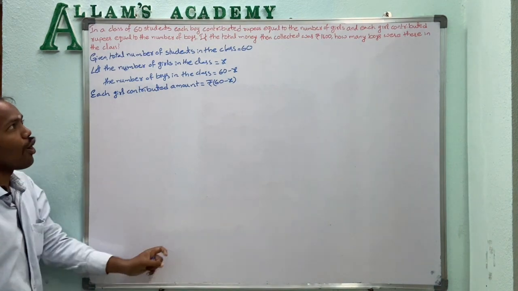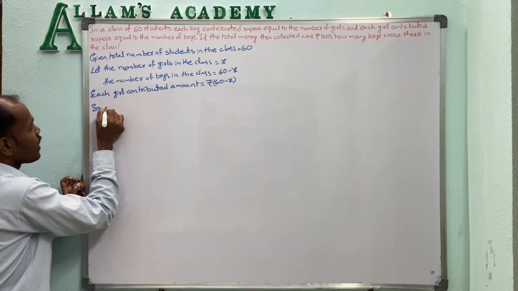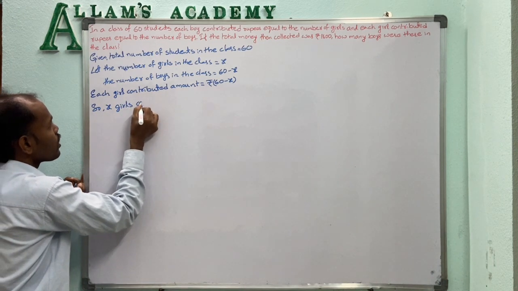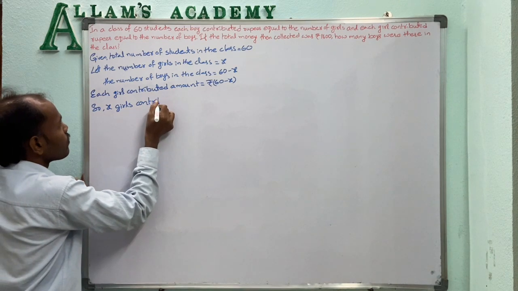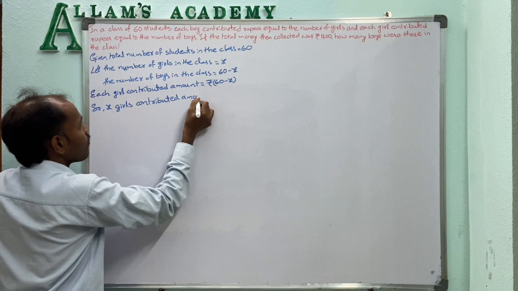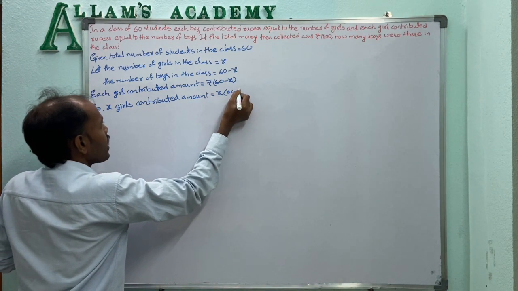There are x girls, so the amount contributed by the girls is equal to x into 60 minus x.